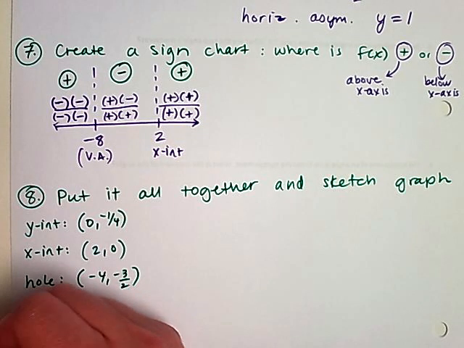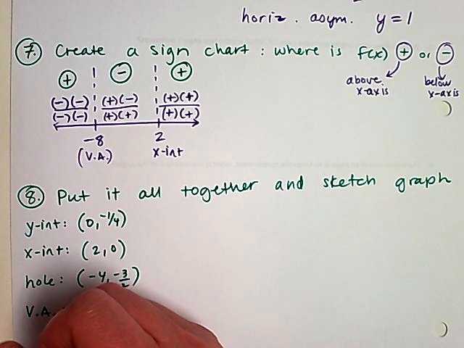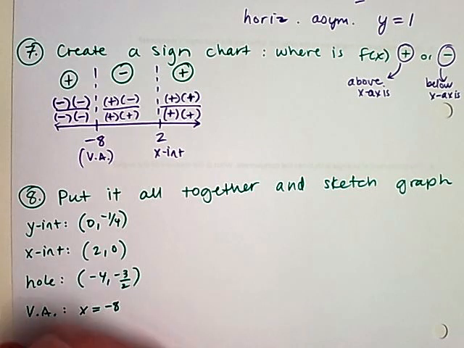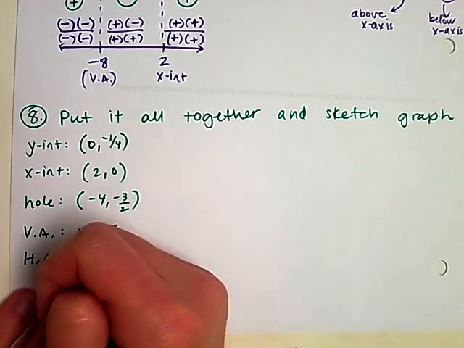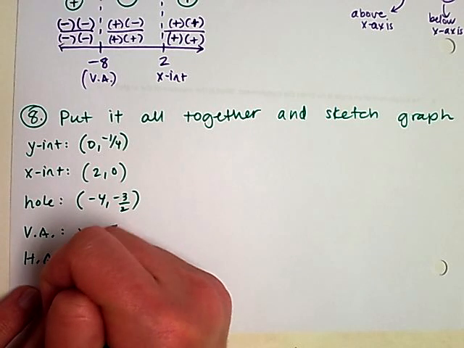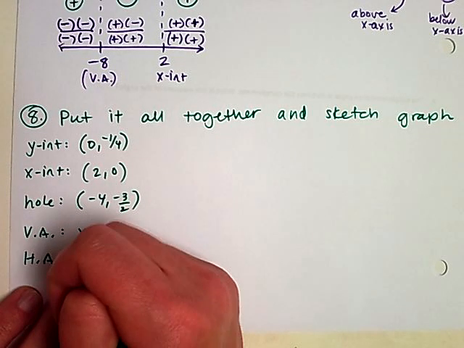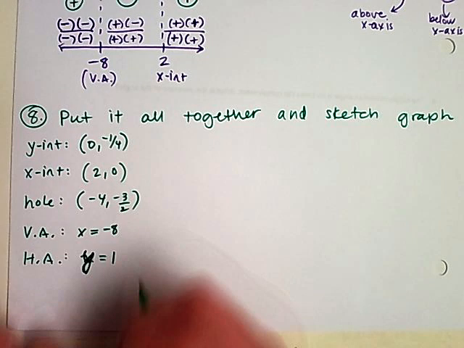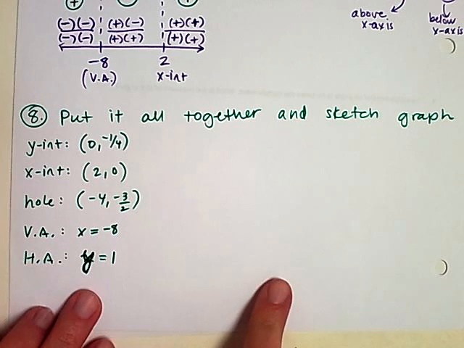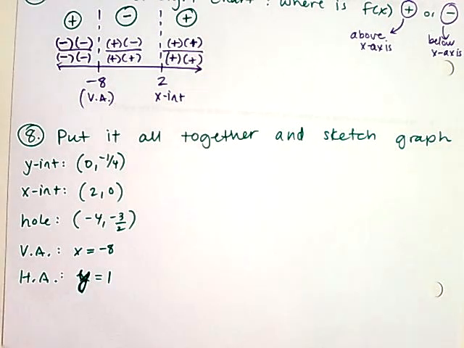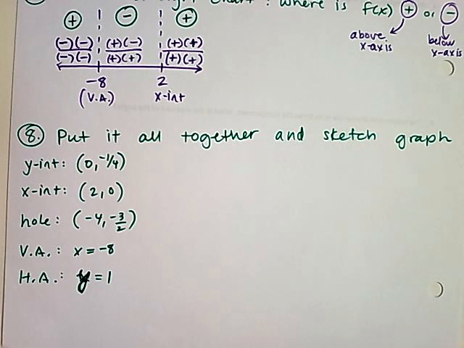And we had a vertical asymptote at x equals -8. And then we had a horizontal asymptote at y equals 1. So these are all of the key features I want to think about alongside this sign chart analysis.